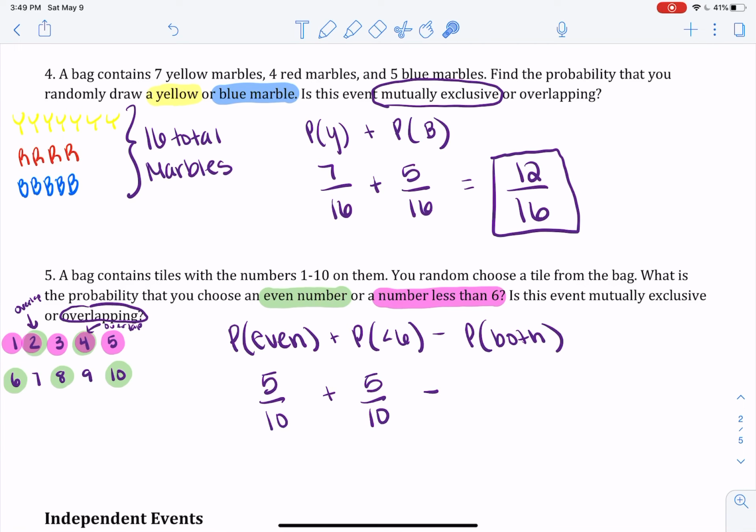So let's find our overlaps. We have 1 here and 1 there, so 2 out of 10. So 5 plus 5 minus 2, that would be 8, which could be simplified to 4 out of 5.